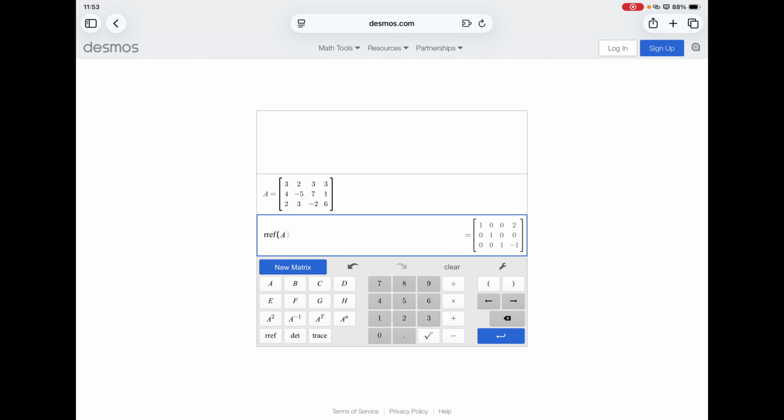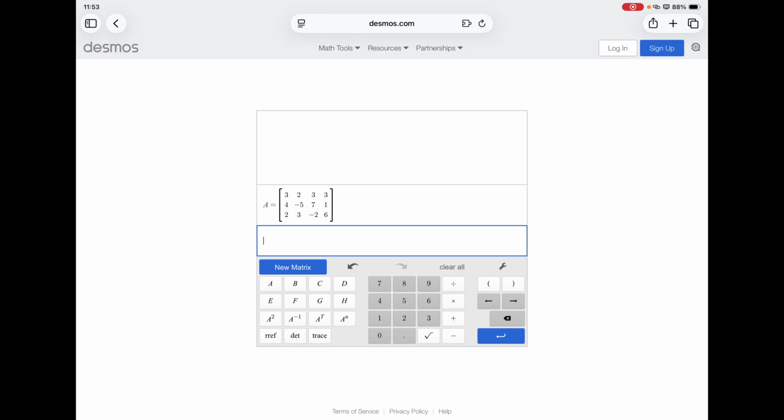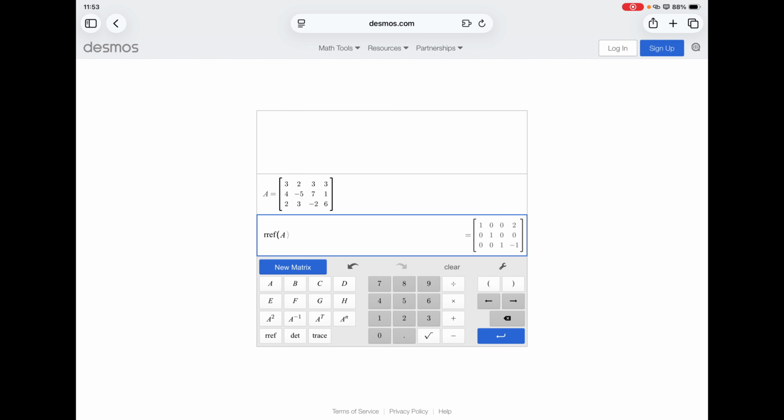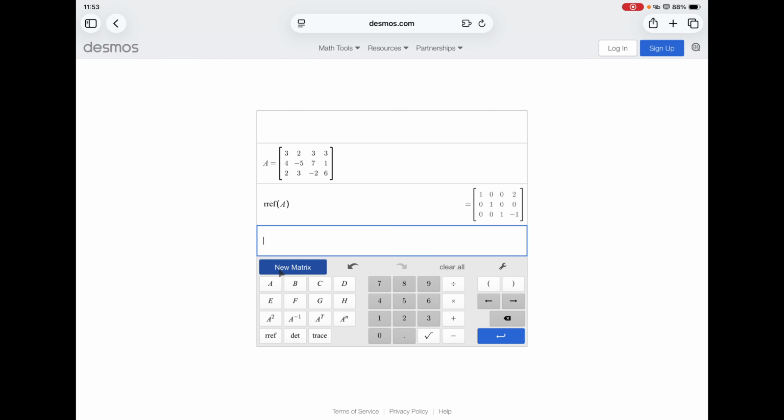Now for those of y'all who like typing instead of clicking on things, you can also type in the command reduced row echelon form and just include the parentheses yourself, and then again the name of the matrix. If you do a second matrix, then it'll just move on to the next letter in the alphabet and go with B. So if you don't want to clear everything and just want to continue from where you left off and do another problem like this, you could just use the appropriate name.